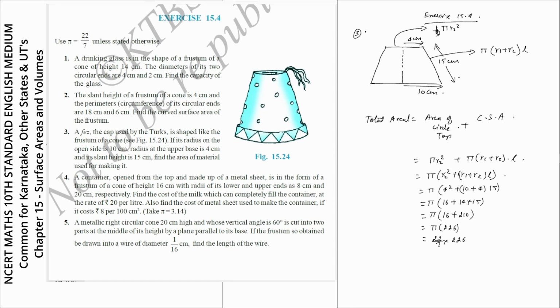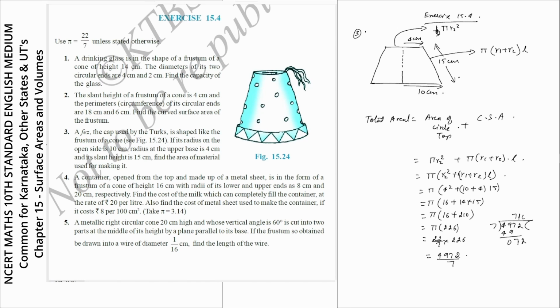So 22 into 226, I'll get 4972. I'll leave it to you to calculate. Divide by 7. Now 4972 divided by 7. 7 sevens are 49, so 0. Then I'll take these two.